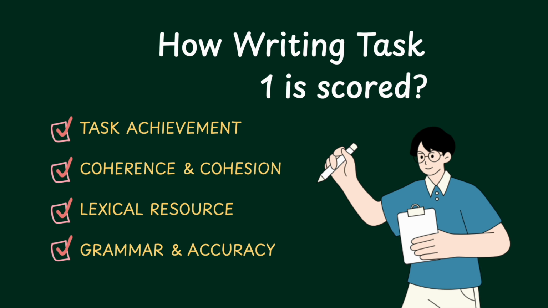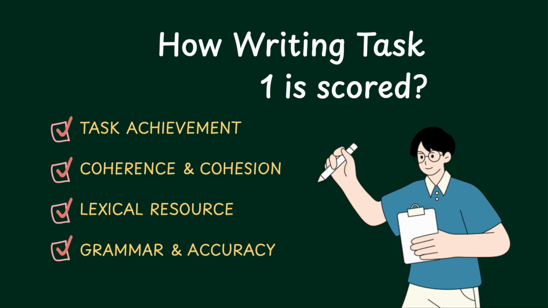And yes, you also need to learn about punctuation. In IELTS, the band score ranges from 0 to 9. And you can check the band descriptors in the link below so you can clearly see what is expected for each band.